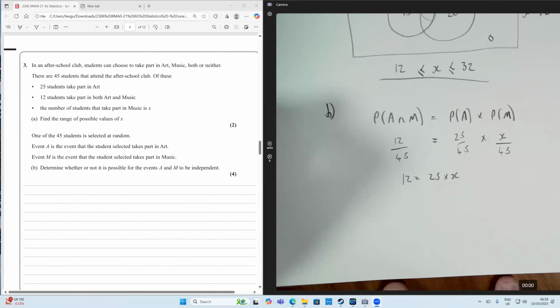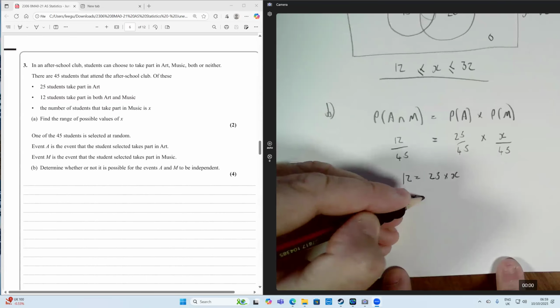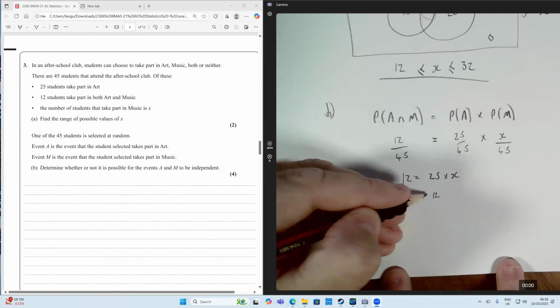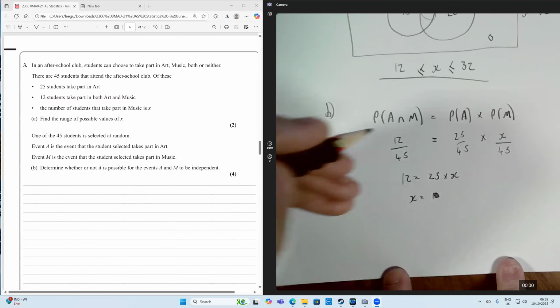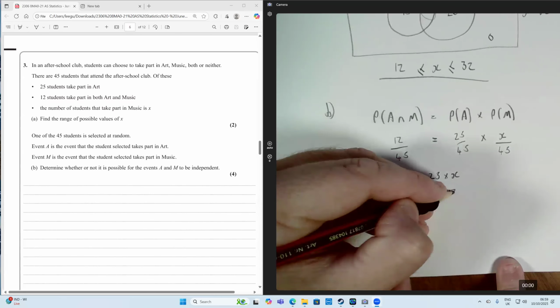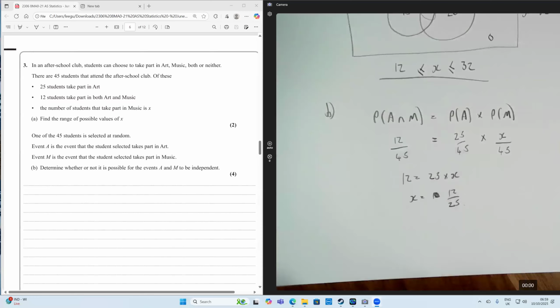We can then divide both sides by 25. So X is equal to, let me just double check, 12 divided by 25.